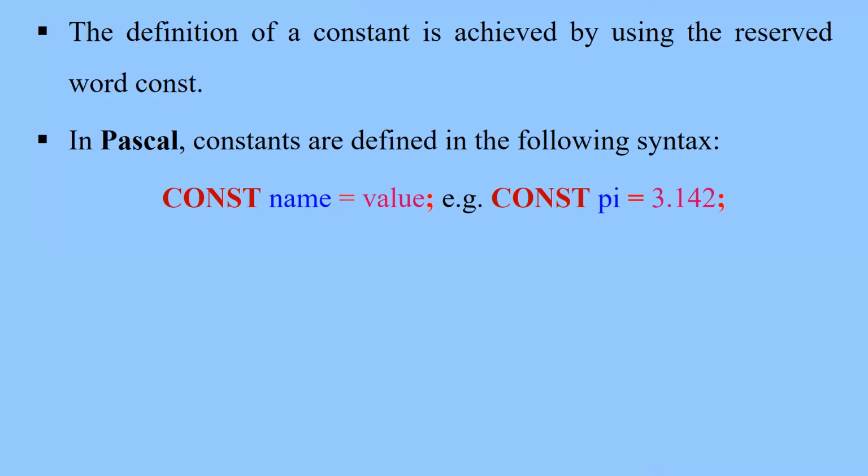So in other words, this statement reads as follows. Set a memory location assigned called pi, whose content will not be changing, and store in it 3.142.